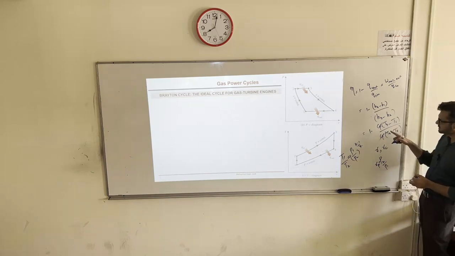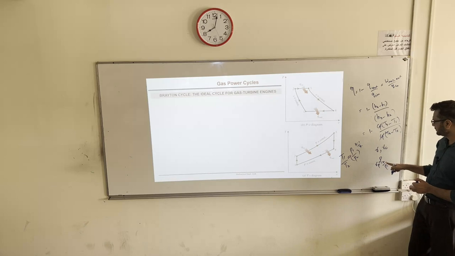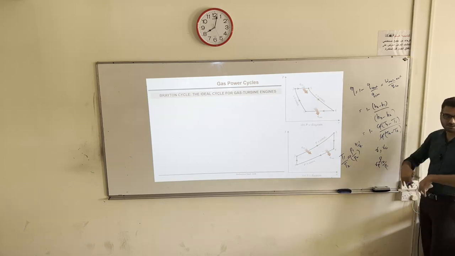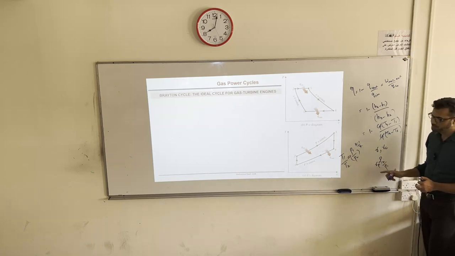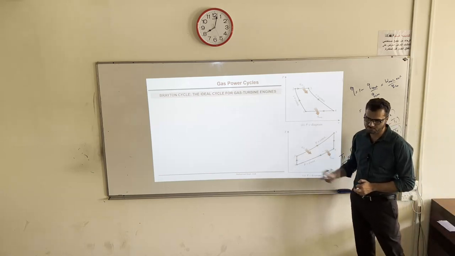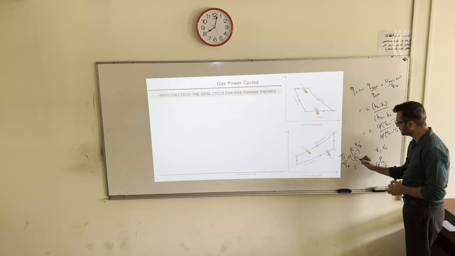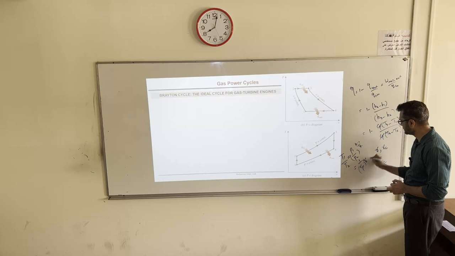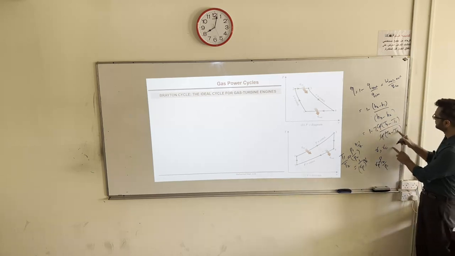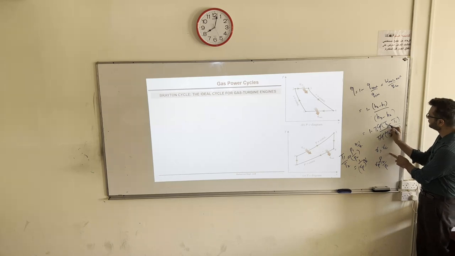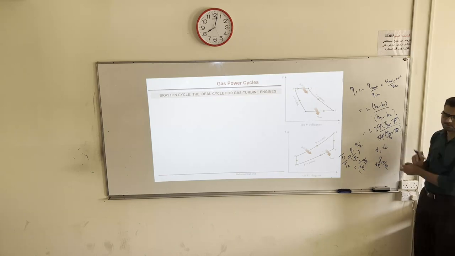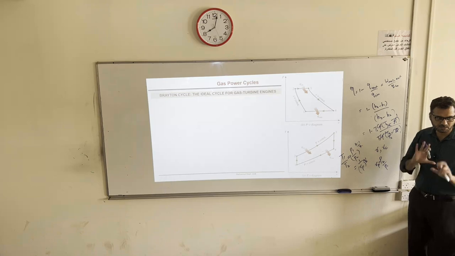Now we are defining a new term as the pressure ratio, the pressure which is increased inside the compressor, Rp equal to P2 over P1. So this term can be written as 1 over Rp to the power K minus 1 over K. So if I take T1 out and T2 out, here I will have T4 over T1, this is 1, and here I will have T3 over T2. This T1 over T2 can be replaced with this term in terms of the pressure ratio.